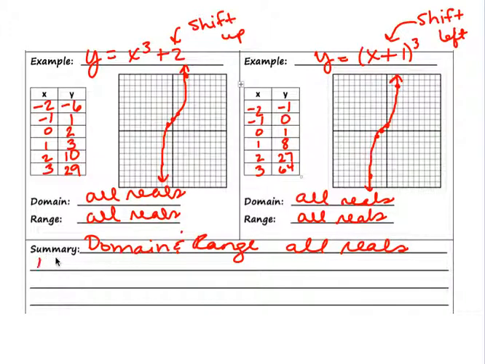And the number outside the cube moves the graph up or down. And when I say outside the cube, what I'm talking about is the number that's not included in the parentheses. So if there's a number outside the cube, that will shift the graph up or down.